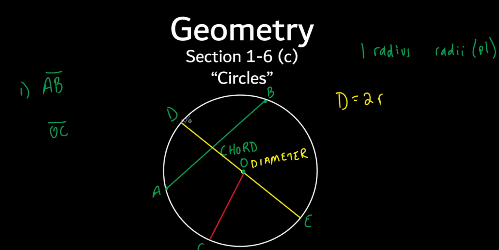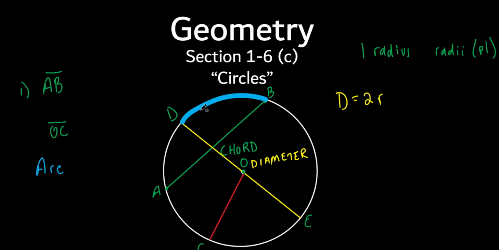What if I just went from D to B? Is that the circumference? No, the circumference is the whole way around, from one point all the way back to that point. But this is kind of a curve. Is it a line segment? No, that blue one is not a line segment. We call it an arc.